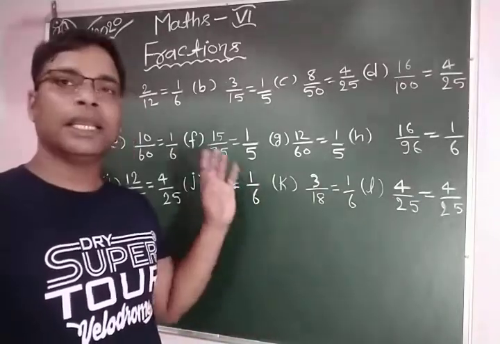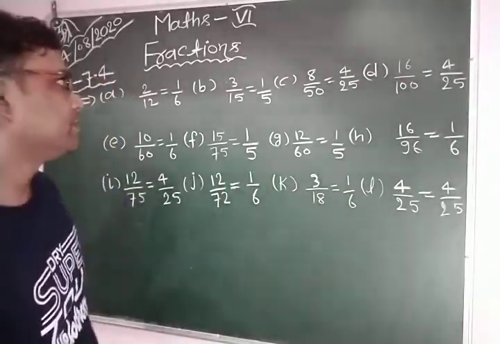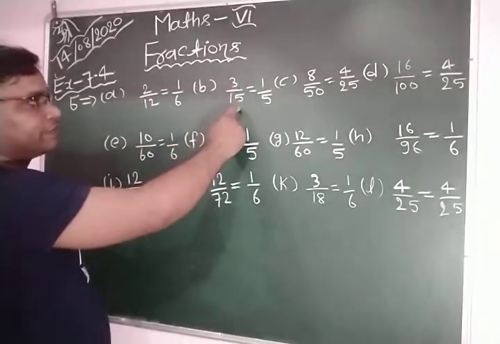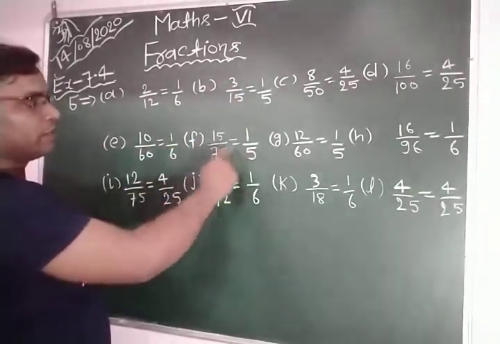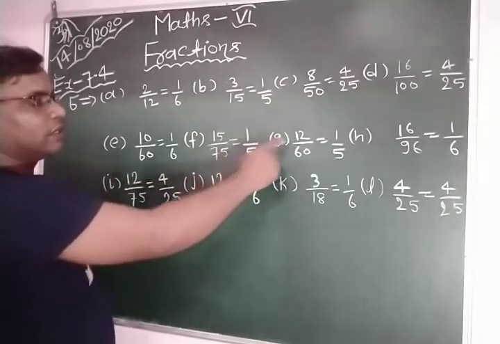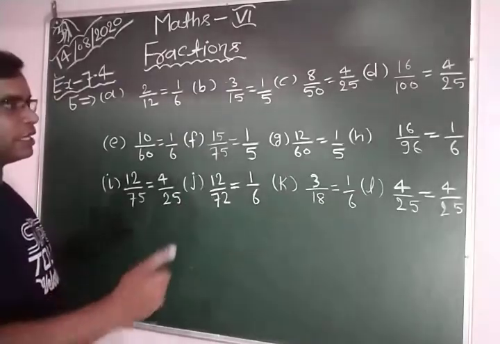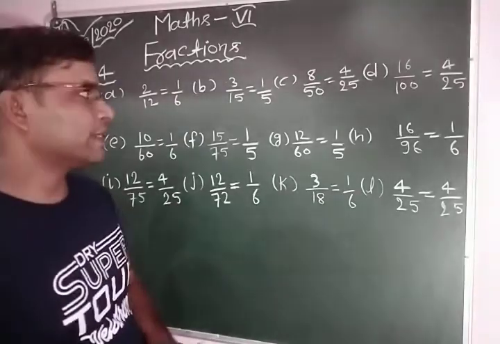Okay, this is in the same group. And 1 by 5, 3 by 15, 15 by 75, 12 by 60 and 1 by 5 are equivalent fractions.